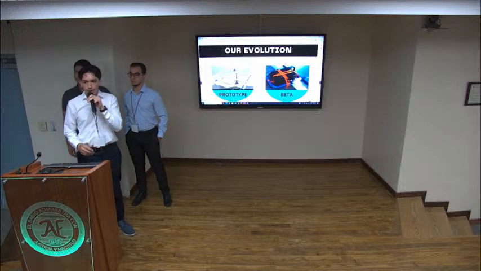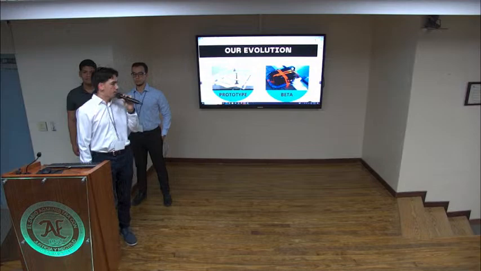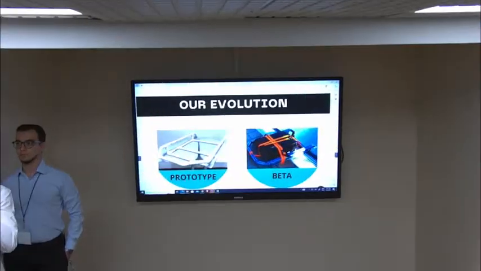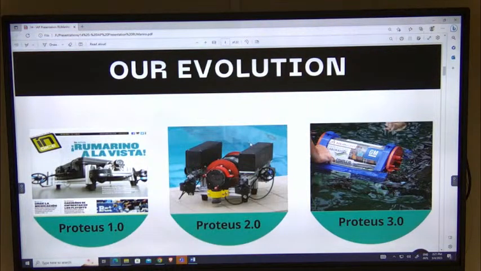So our evolution: this started as one small prototype with Proteus right there. It went from just some PVC pipes, a suitcase with some pipes to keep it afloat, to making headlines in El Índice newspaper, and then it evolved into Proteus 2.0, and then 3.0, which is the final Proteus model that competed in a couple of competitions, 2016, 17, 18, I believe, and then I think they also went to the online version of the competition.